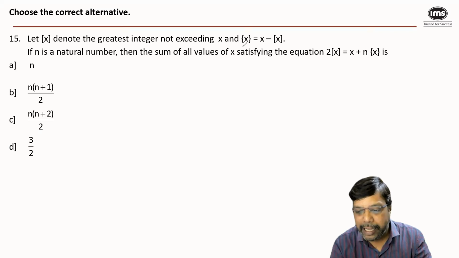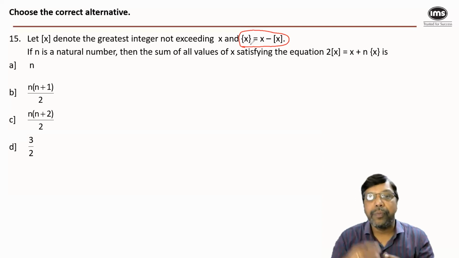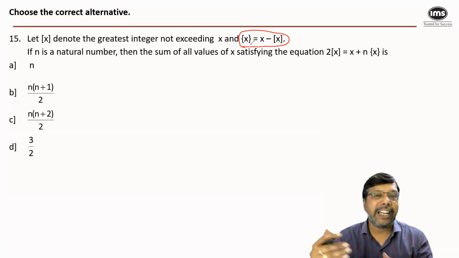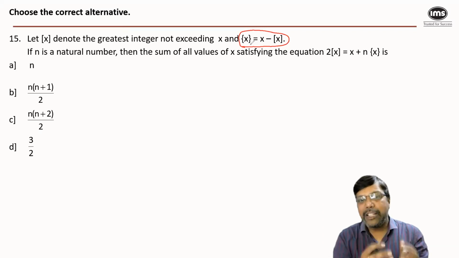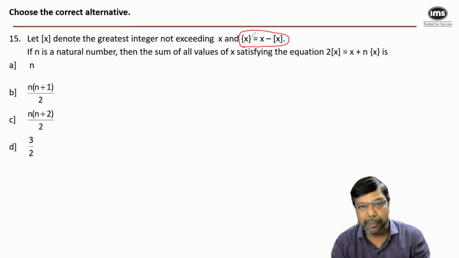And in this expression, we have x within flower brackets that is equal to x minus greatest integer x. So x minus greatest integer x, which is x in flower brackets, let us define it as fractional x.